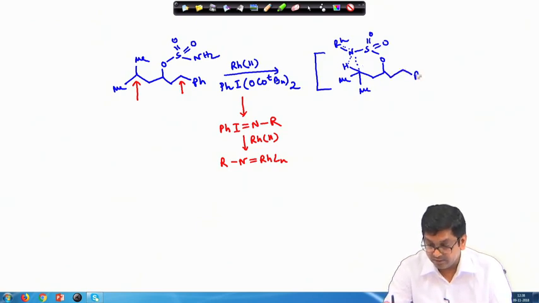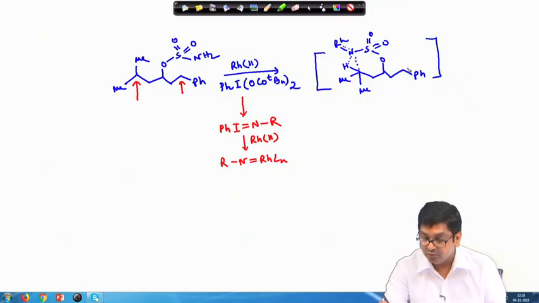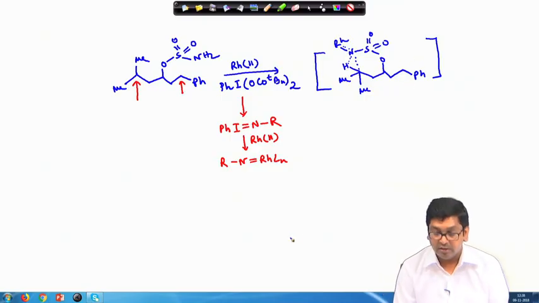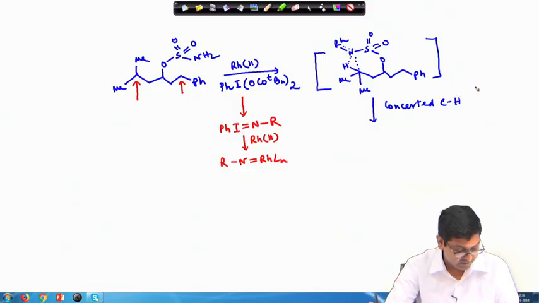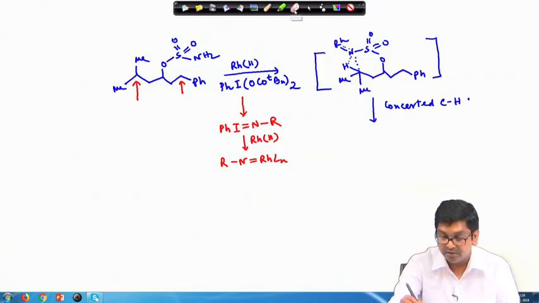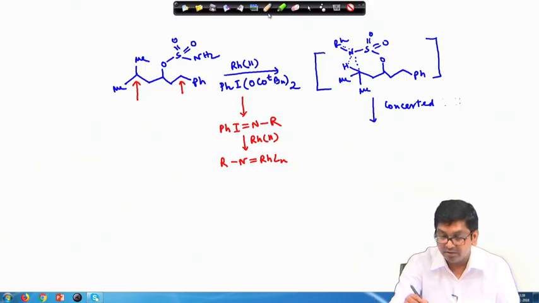Then in a similar way it can be inserted into this benzylic place also. I am not showing both, but this is the concerted carbon hydrogen insertion of metallonitrene or nitrenoids. We can write it as concerted insertion.